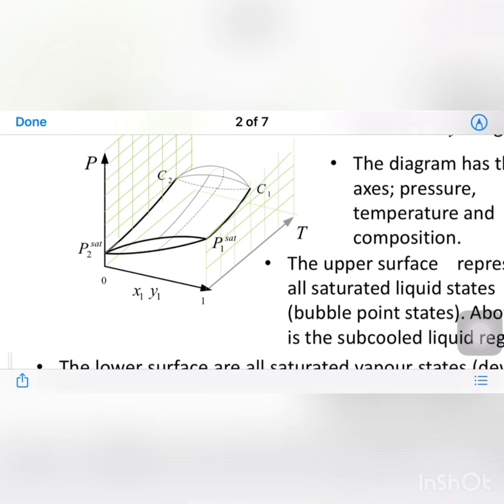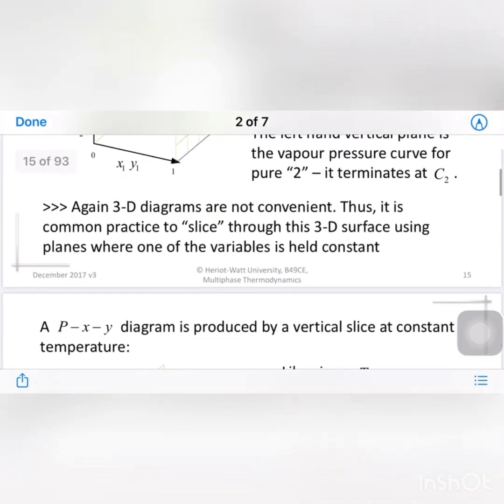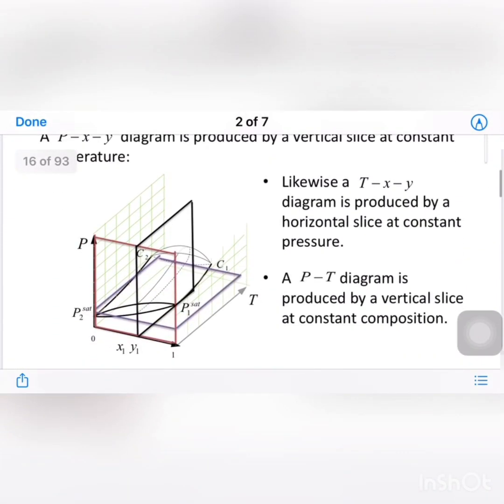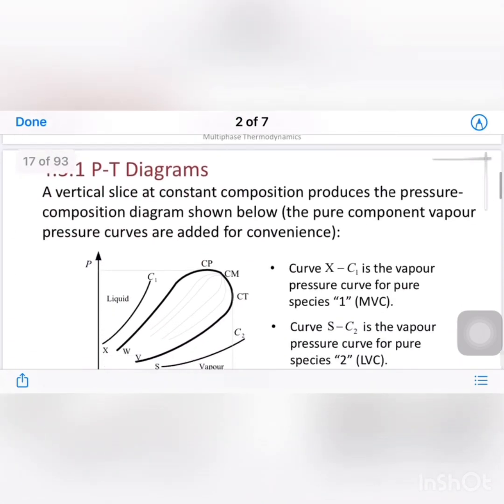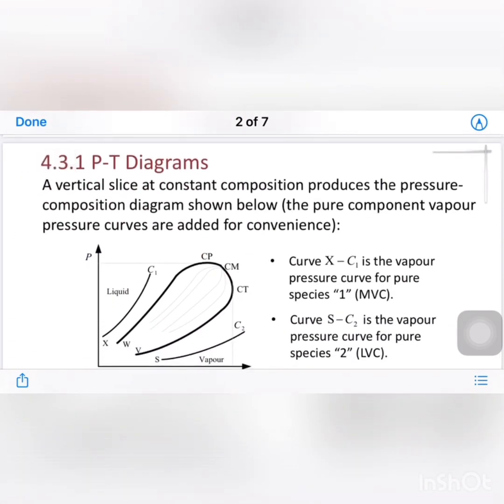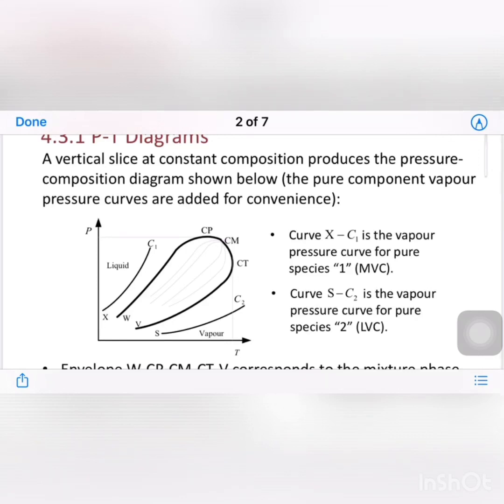Between these two surfaces or plates, we have the two-phase region. Again we select only two-dimensional diagrams, for example PT, TXY, or PXY. Firstly, we are going to learn PT diagrams. If we have binary systems, we get this type of graph.